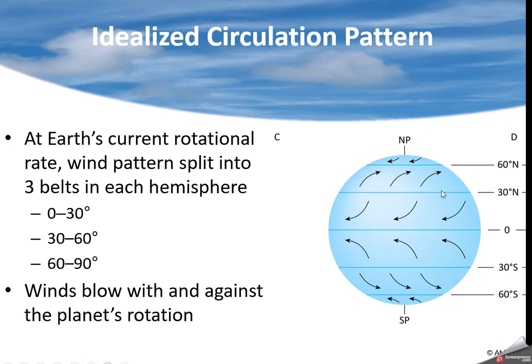So you can see, if you were to look at an idealized circulation, we have a couple areas of high pressure, a couple areas of low pressure, and winds flowing in different directions depending on which latitude they're at. We live in the westerlies, almost all of us, so our winds are generally coming out of the west. If we were down in the tropics, they'd be generally coming out of the east.